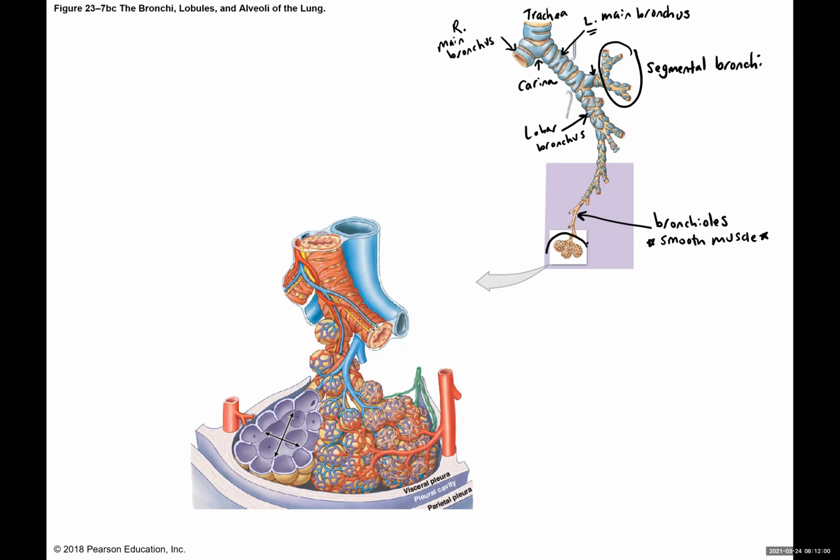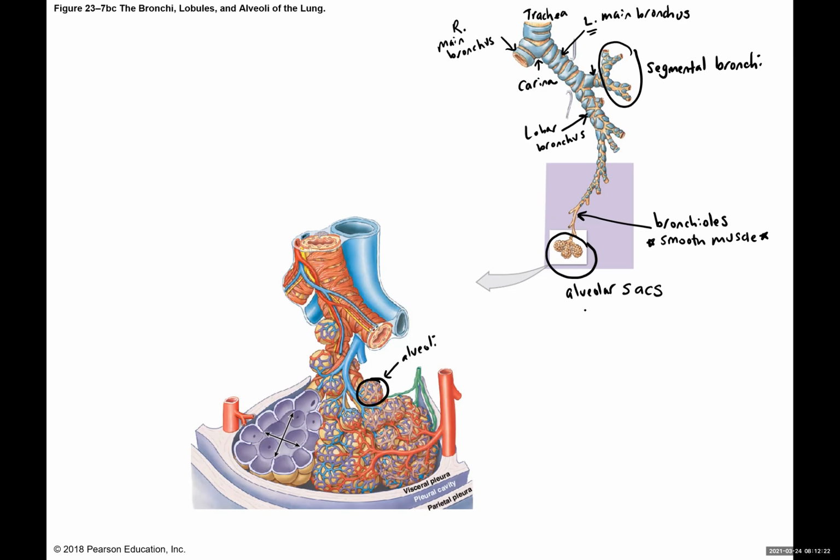Down here at the bottom, we see alveolar sacs, or we can talk about a single one. If we look maybe down here, we can talk about a single one as alveoli.